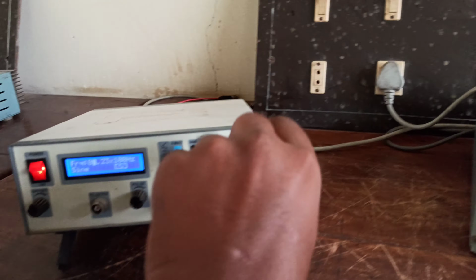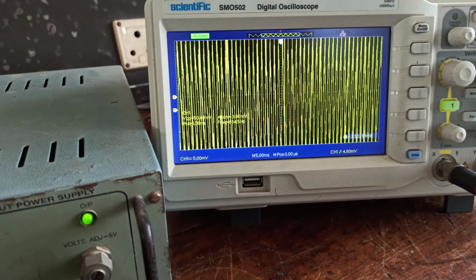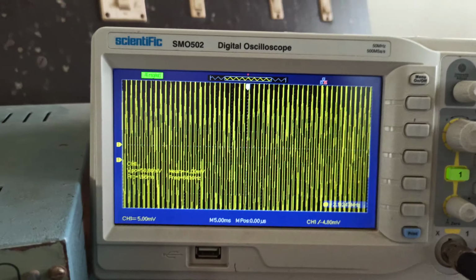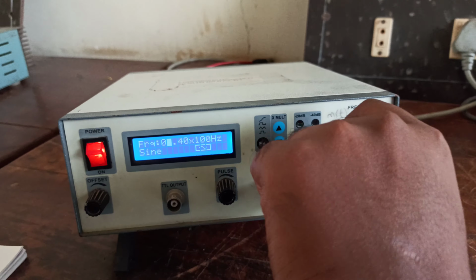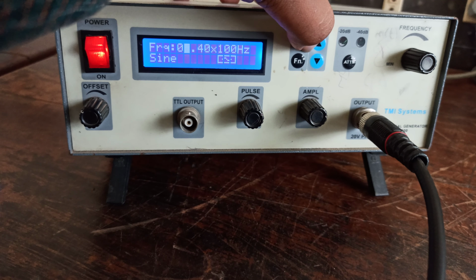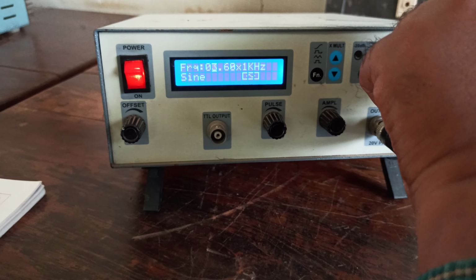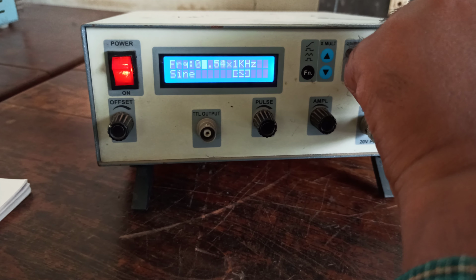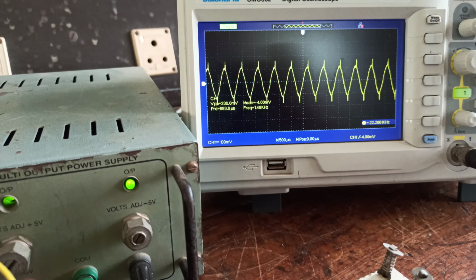When you keep increasing the frequency to a higher value, then you can see there will be output. When you cross into the kilohertz range, I will keep the frequency at 1 kilohertz. For 1 kilohertz, this will be the output signal.